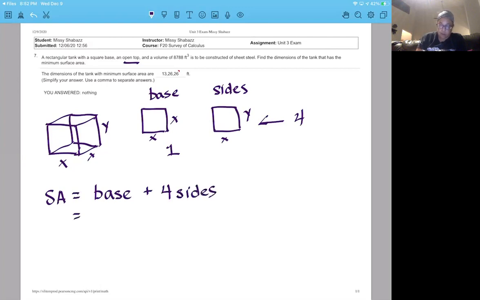All right, so x squared plus 4xy. This is my primary function because this is what I want to minimize. I want to minimize my surface area.